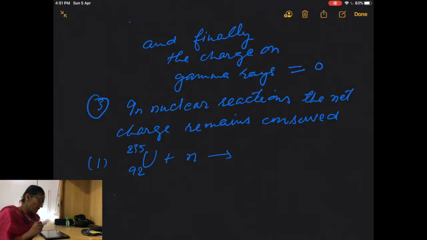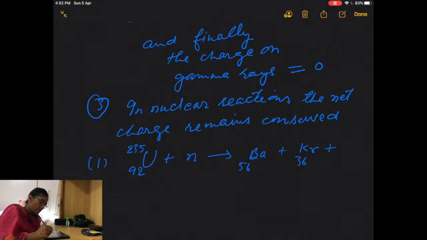Like one way, it is disintegrated into barium and krypton. Now barium has atomic number 56 and krypton has atomic number 36, and emission of 2 or 3 neutrons also is there.